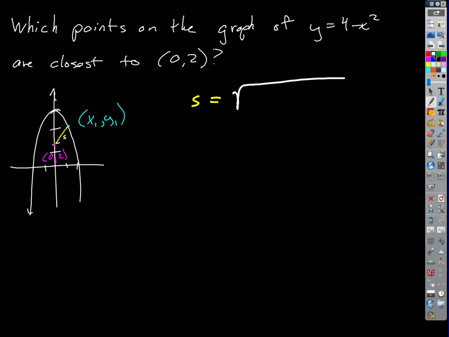We've got this point with definite coordinates (0, 2), and this other point up here on the curve has coordinates x and y. They're going to vary. So this represents my distance, S.